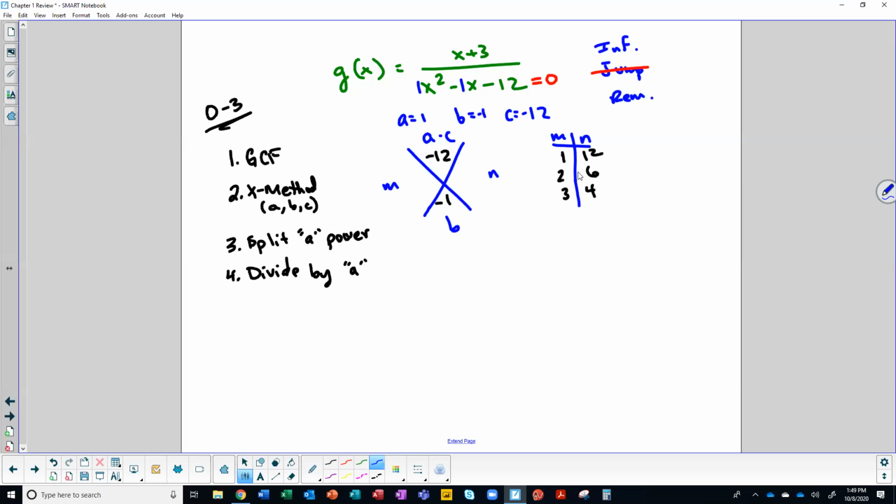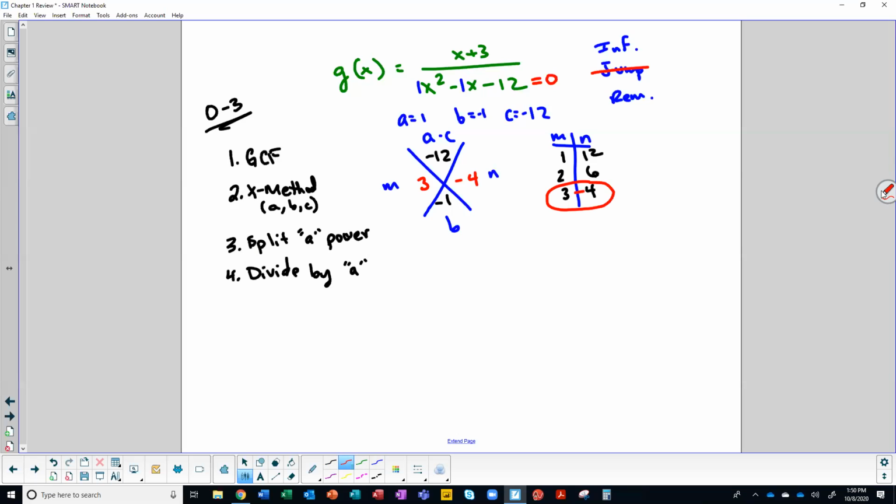Which set of these numbers is 1 apart? 3 and 4. So our numbers are going to come from here. How do I make 3 and 4 become a -1? 3 minus 4. So those are 2 side numbers. Now that's the X method step. Again, you don't have to do the T-chart if you can just come up with those numbers on your own, but this is all just visual to help you out.